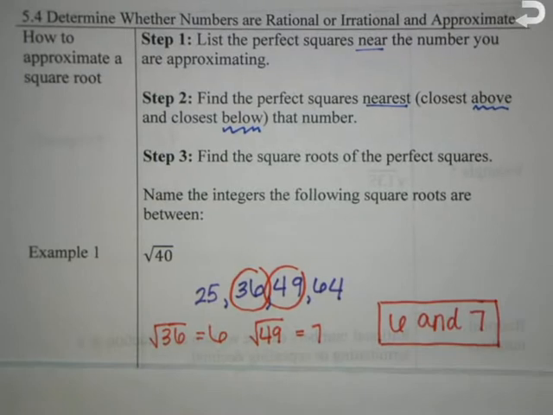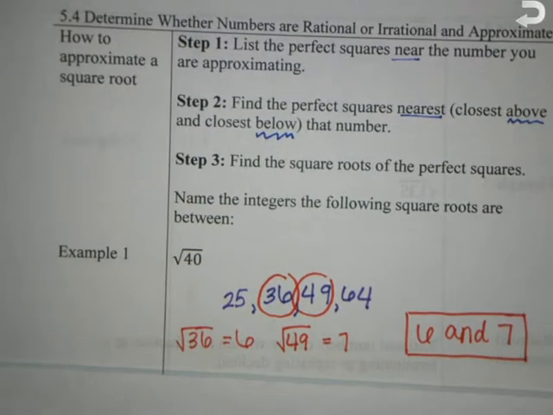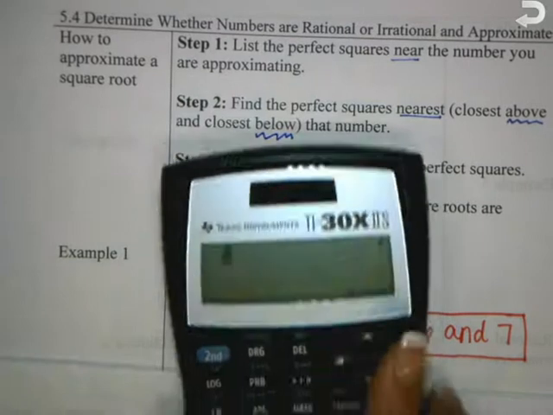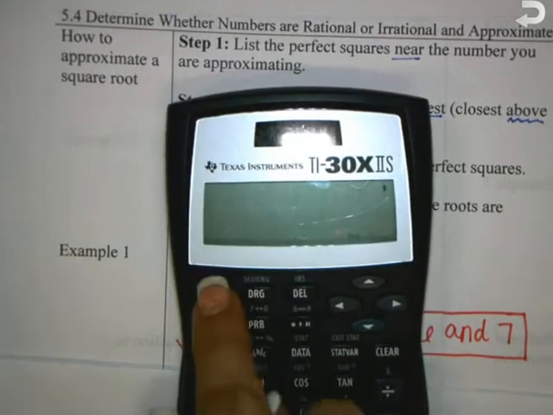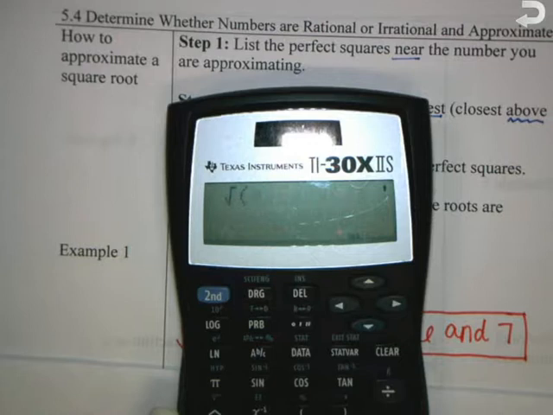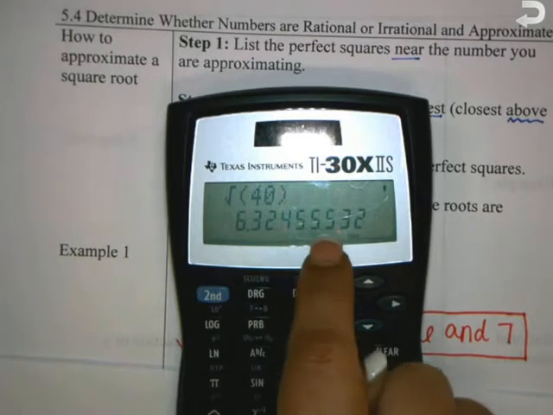Okay. I'm going to check it on my calculator. So if I take the square root of 40 and I put it in, what do I get? I get 6.32455532, and it keeps going on and on.